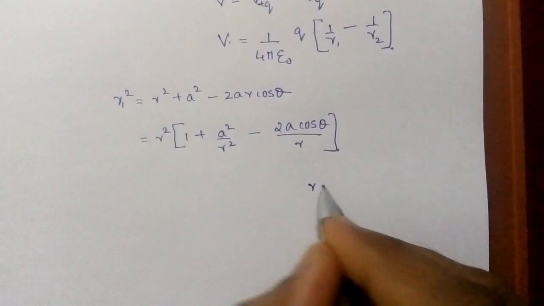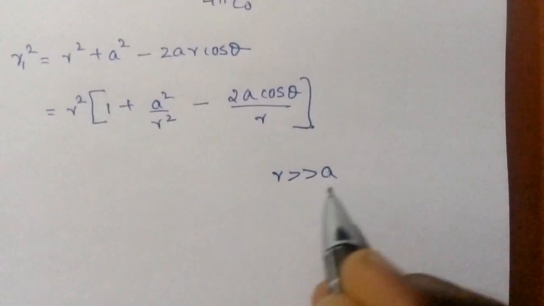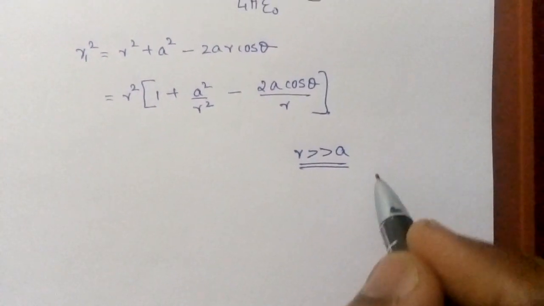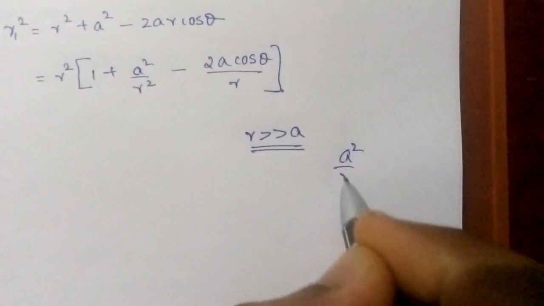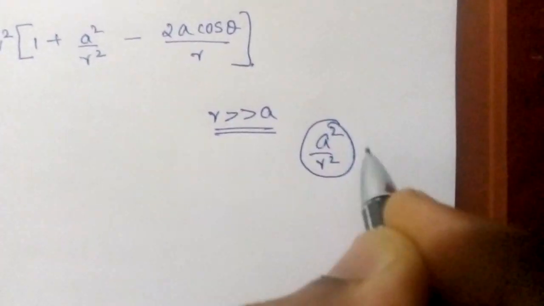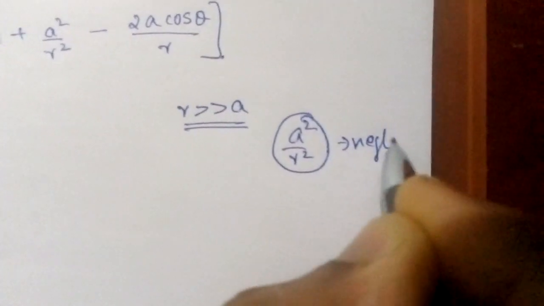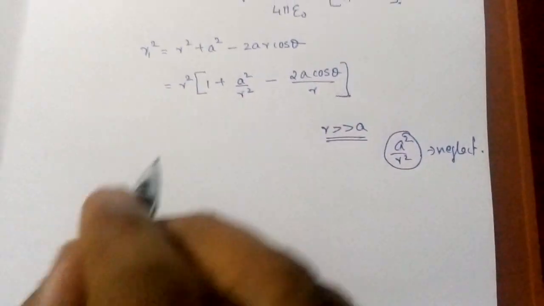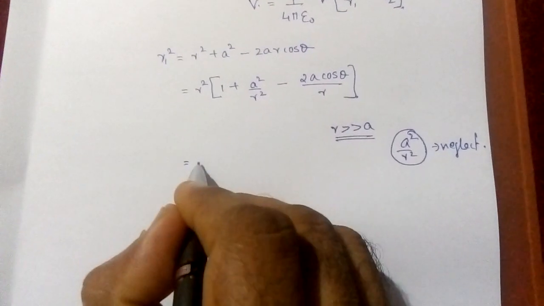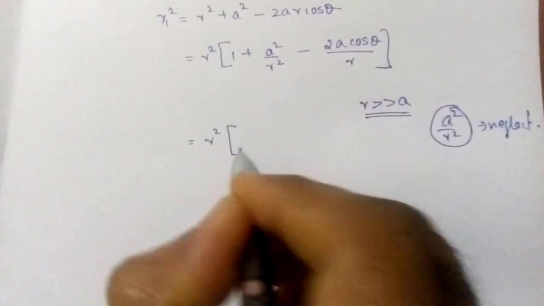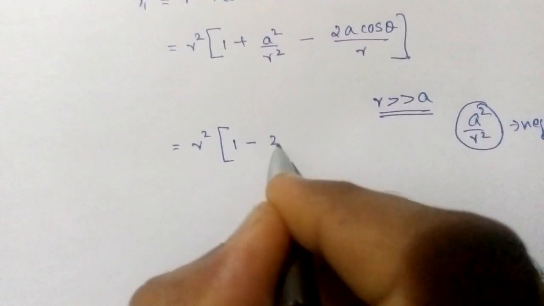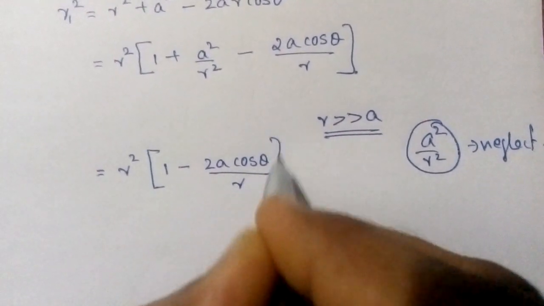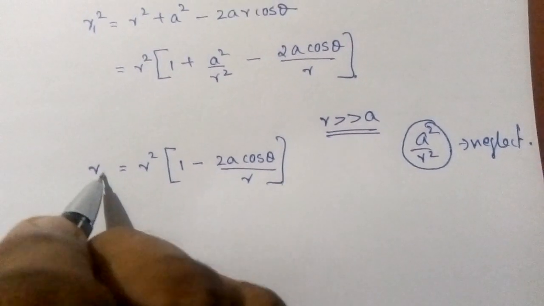If R is very large compared to A, we can neglect A squared by R squared.